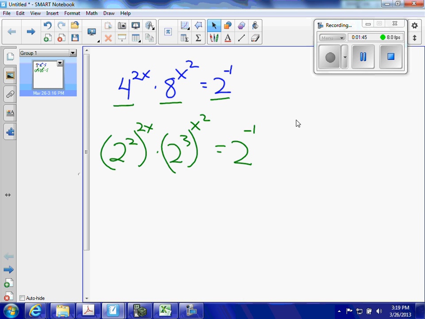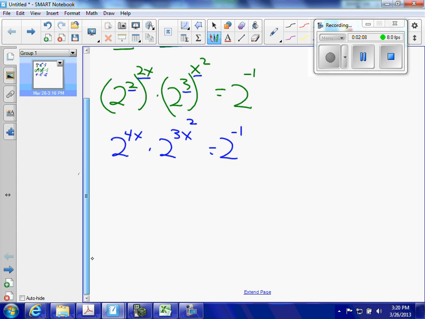Well, I still don't quite have the same base, but since I have 2 to a power, this is the same as 2 to the 4x times 2 to the 3x squared. I'm just multiplying the 3 times the x squared, is equal to 2 to the negative 1.